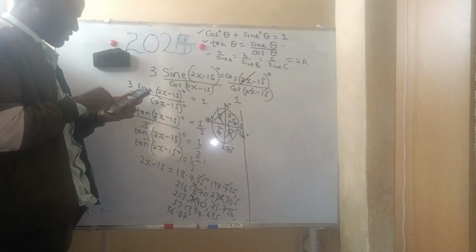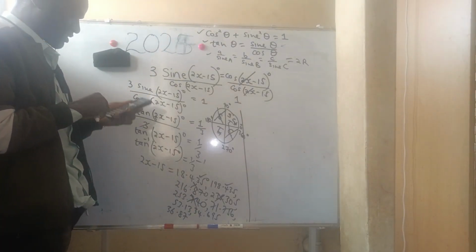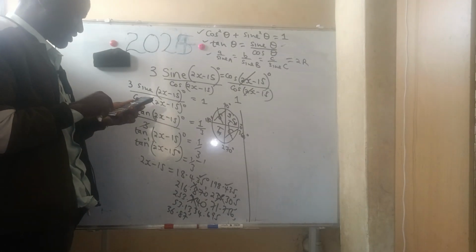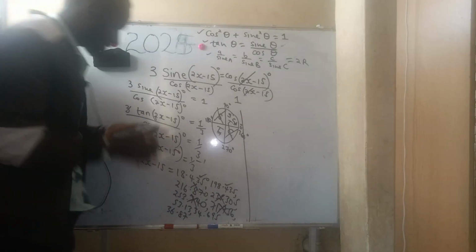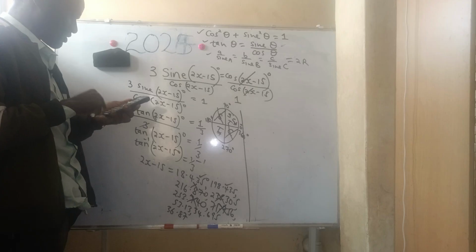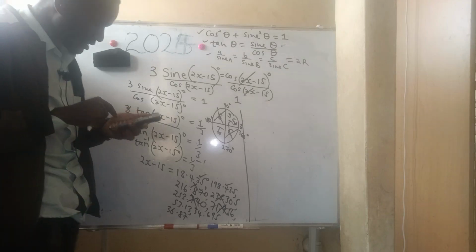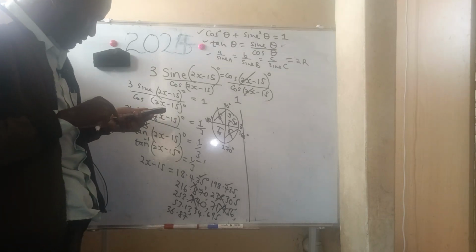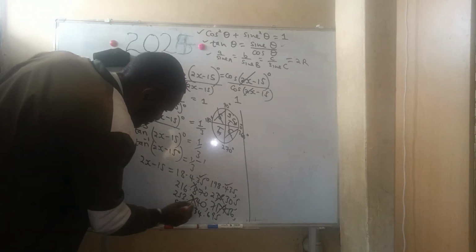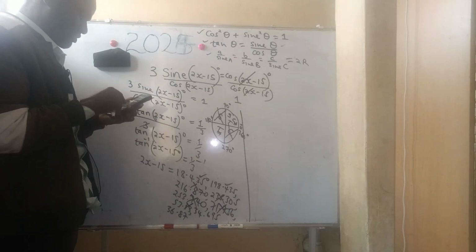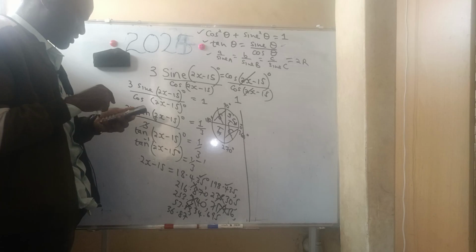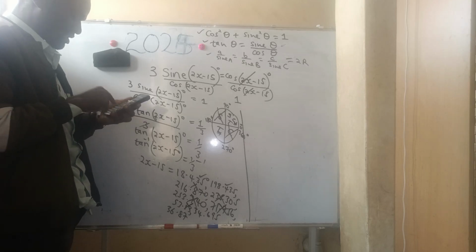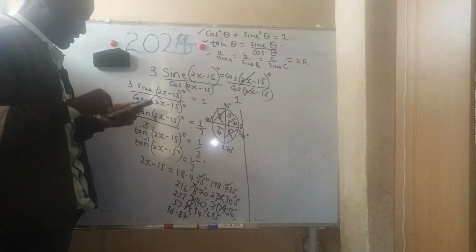So we have tan of 71.756. It is wrong. So tan of 53.13. It is wrong. So tan of 34.695 is wrong.